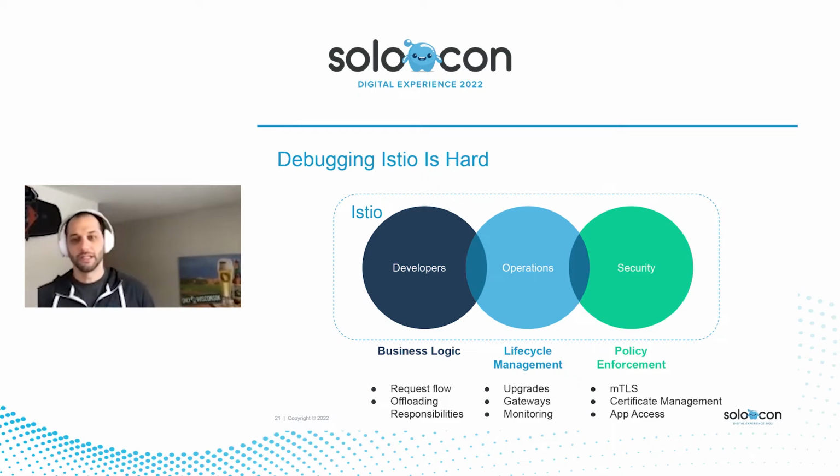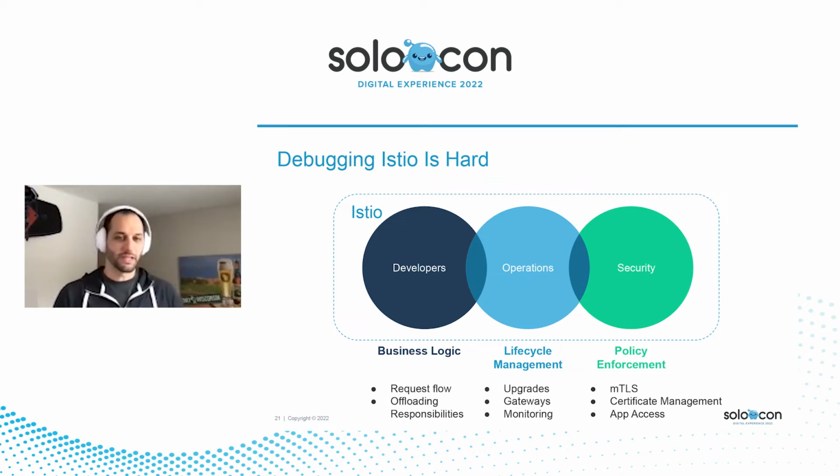And finally, one of the main reasons Istio is used today is for security. And so most often our larger customers have security teams involved within their Istio deployments. That's making sure there's uniform policy enforcement, such as an MTLS policy that all communication is encrypted and authenticated.